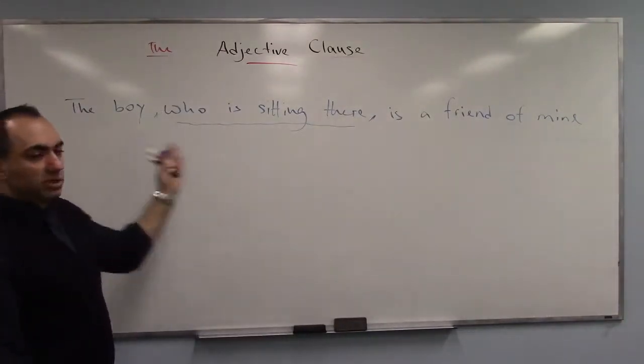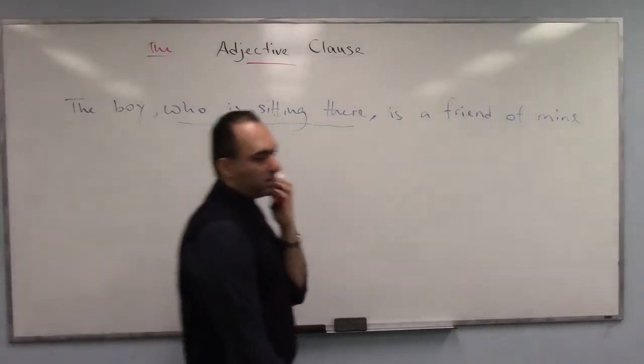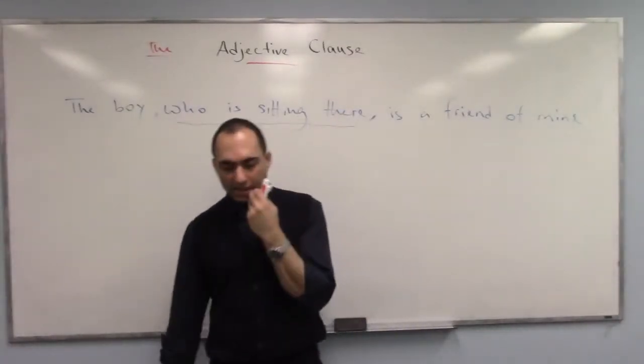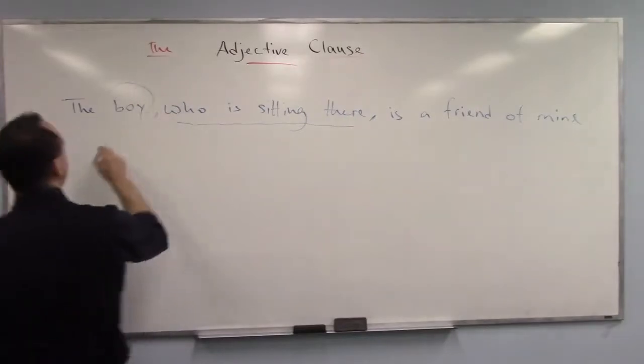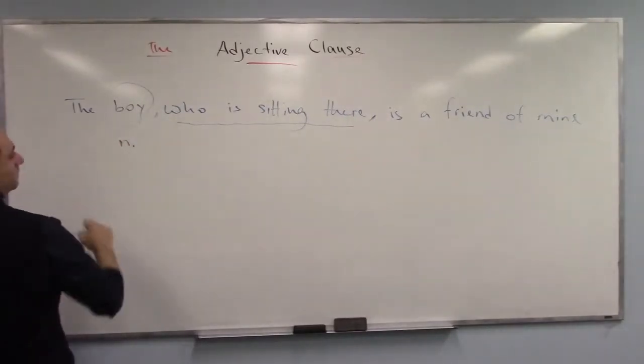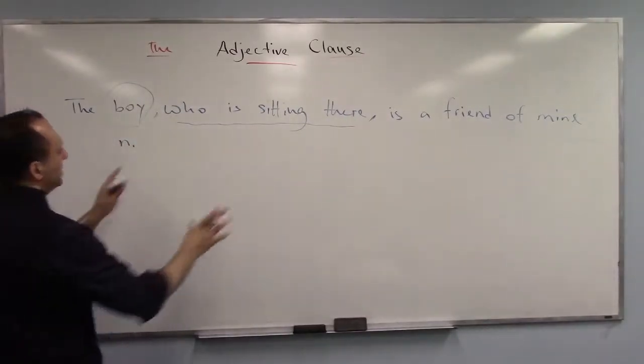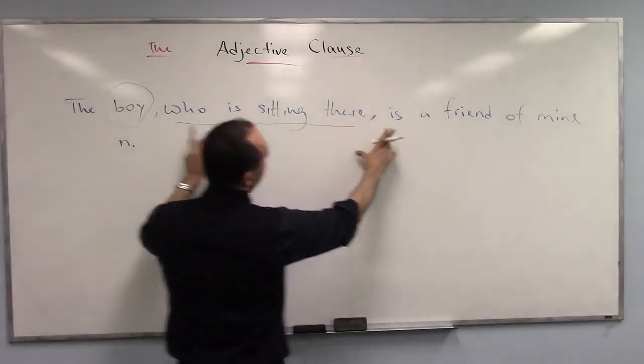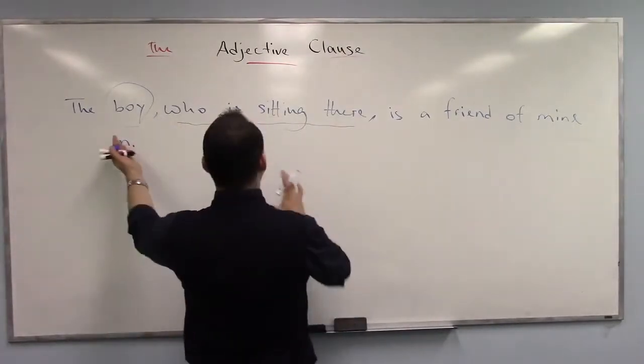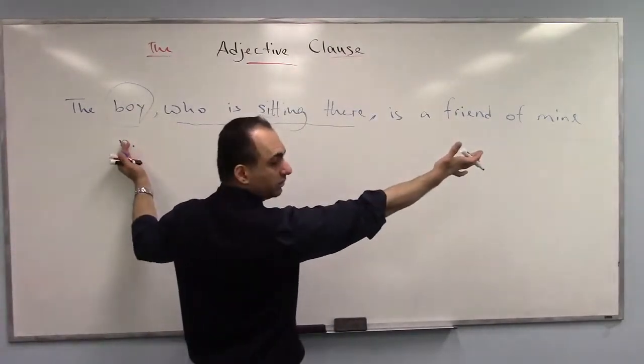So, the boy is a friend of mine. That boy is a friend of mine. Now, I say the boy is the subject or noun, right? And who is sitting there. The boy is a friend of mine is a sentence.